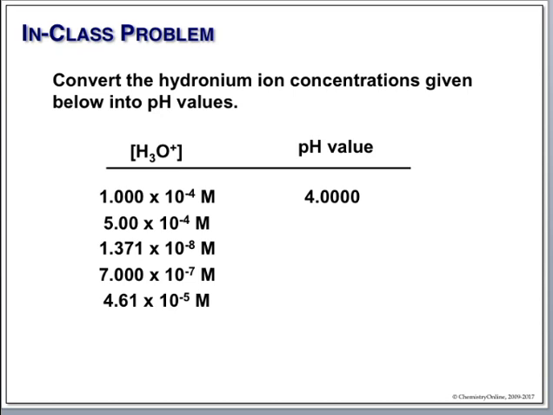Hit the log button, change the sign, 3.301. Type in 1.37 times 10 to the minus 8. Hit the log button. Change the sign. 7.8.